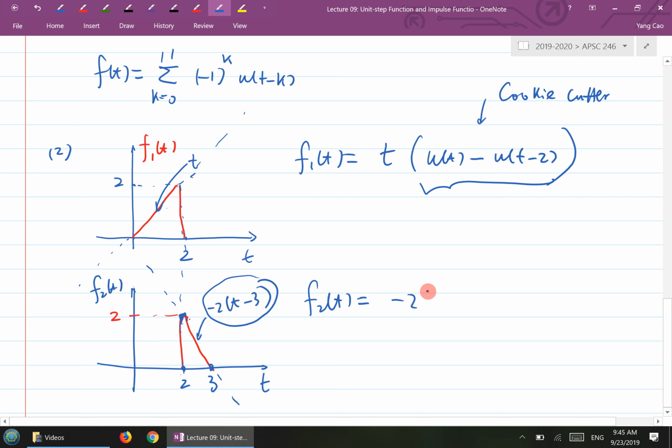So we're going to cut out just a portion of this by multiplying this straight line with a cookie cutter. So in this case, what will be this cookie cutter here? U of what minus u of what? T minus 2? Exactly. Okay, very good.